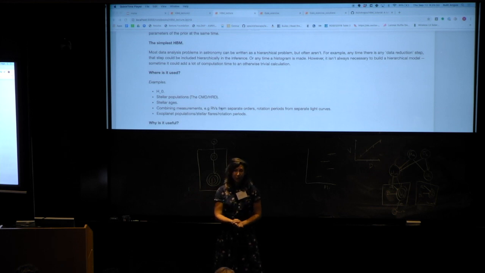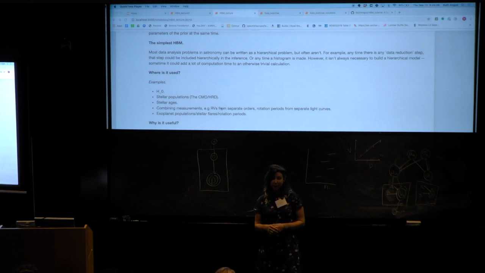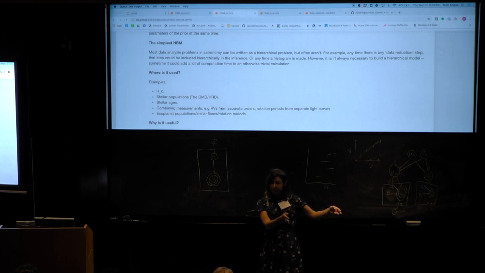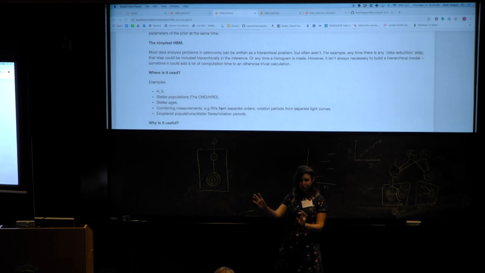Another example, something I've done before, is measuring stellar rotation periods using Gaussian processes. This works best with a Gaussian process because a Gaussian process is a forward model, where I've combined observations from K2, which is a pretty precise photometry telescope, with observations from MOST, which is like a little micro telescope that has noisier photometry.